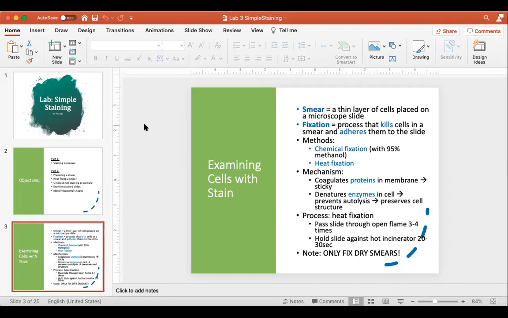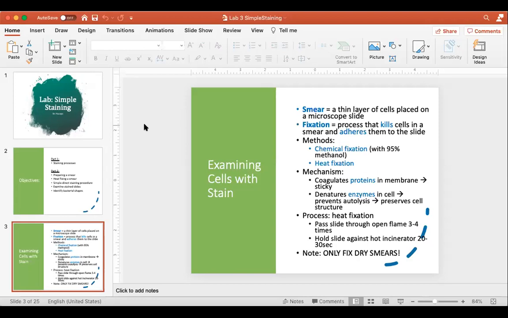Now, when you're doing the chemical fixation, like I said, you're simply placing a drop of methanol on the slide over the place where you put the cells. When you're doing the heat fixation, it's a little bit different. You have two basic methods, at least two that most people use. Number one, you can simply pass the slide through an open flame.